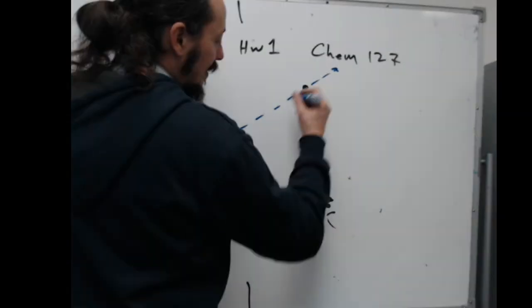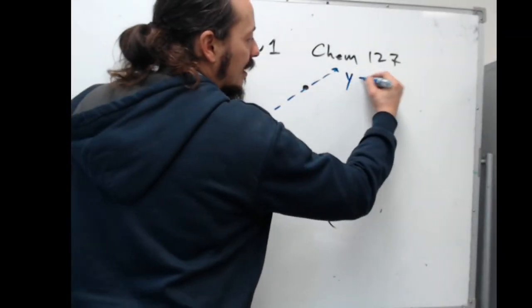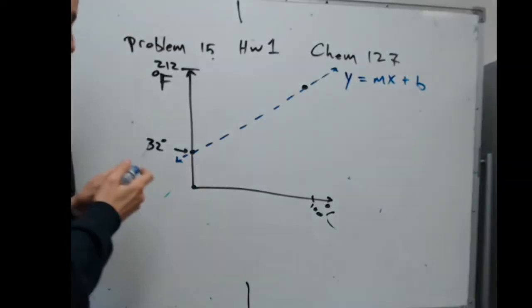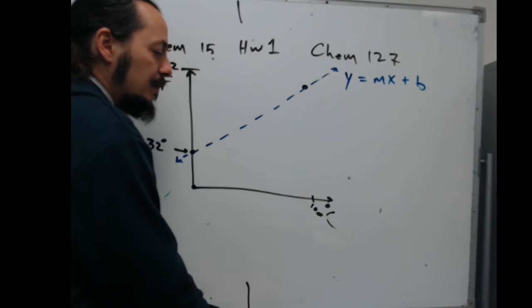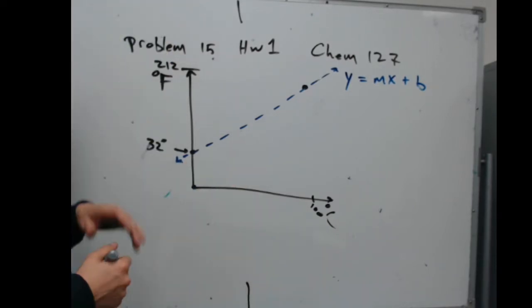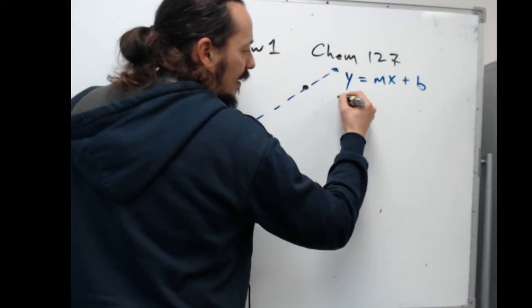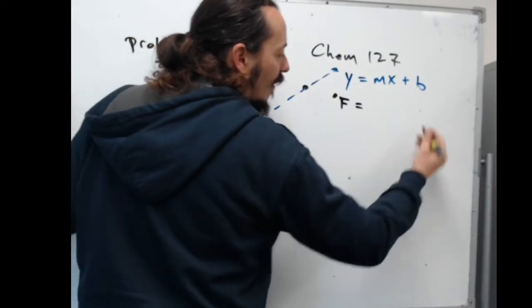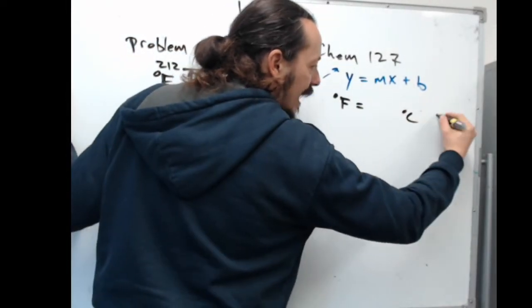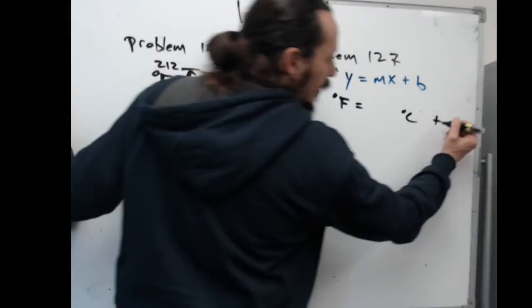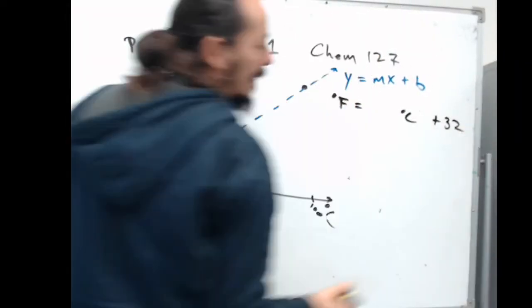We want to come up with the equation of a line relating specifically Celsius and Fahrenheit to each other. I've got Fahrenheit on my y-axis, Celsius on my x-axis, and my y-intercept, because of the way it's set up, is just 32. So there's a plus 32 at the end there.